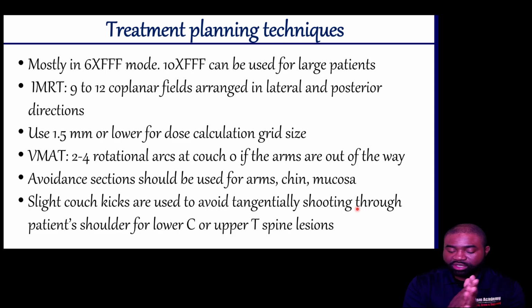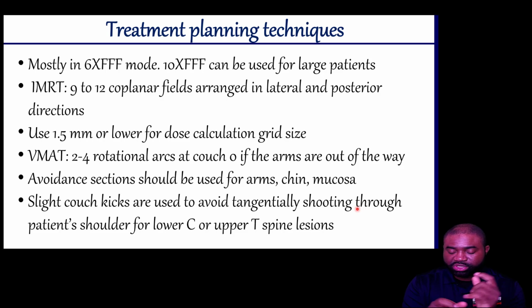I'm going to talk about that a little more. Now, for IMRT, typically we have between 9 to 14 coplanar fields arranged laterally and posteriorly, mostly posteriorly.